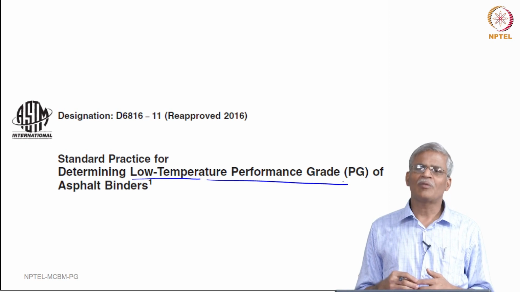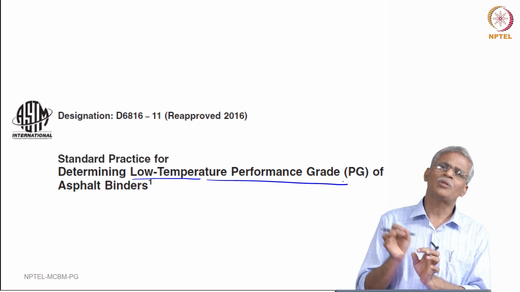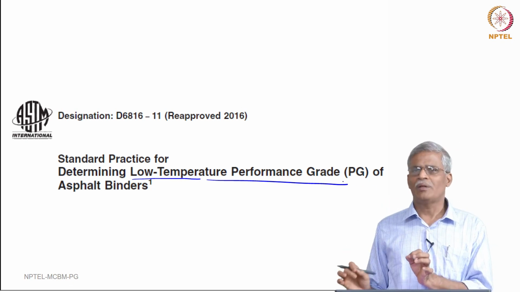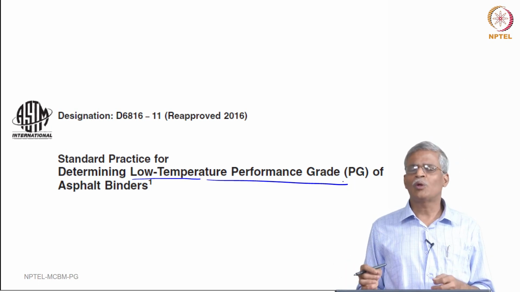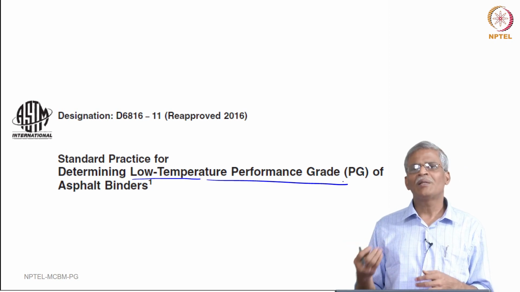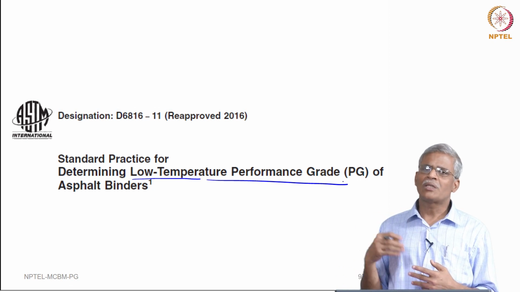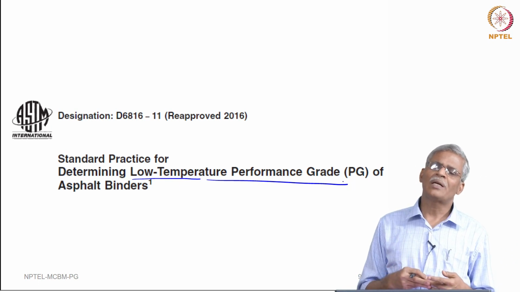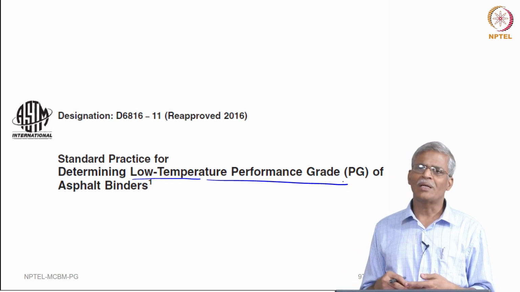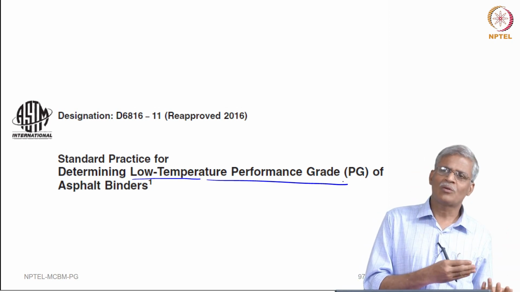because whatever we have discussed till now for the high temperature performance grade or the intermediate temperature performance grade had some connection whatsoever with the performance of the binder in the field. So, that means when you use a G star by sin delta of 2.2 kilopascal, there is a relation between the rutting rate or the expected rutting in the field. When we are talking about G star times sin delta of 3000 kilopascal in the olden standard or 5000 kilopascal in the new standard, again there is a connection with what is the critical strain, what is the onset of fatigue damage.